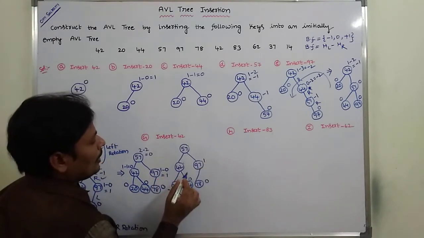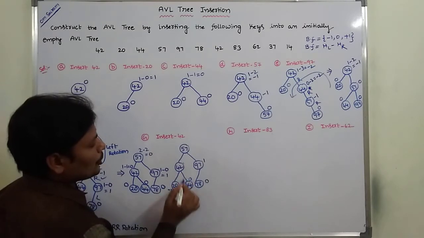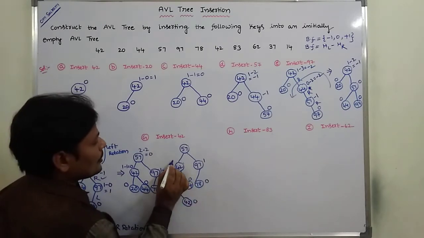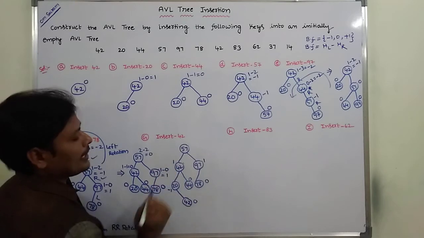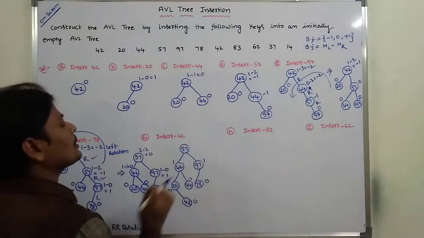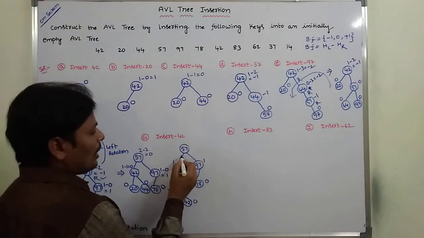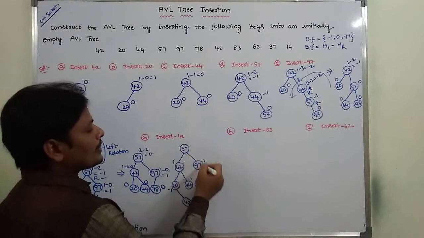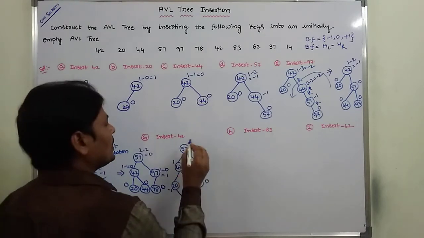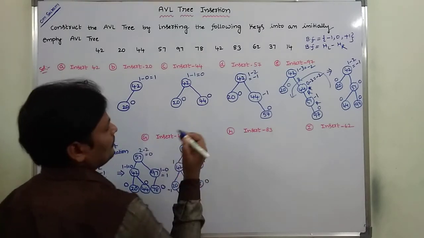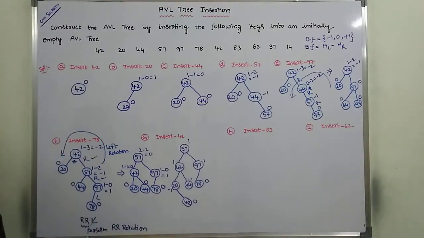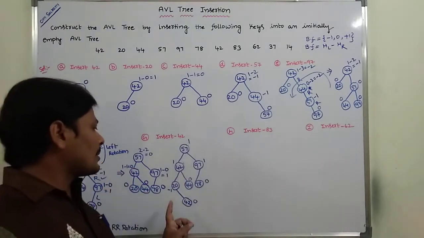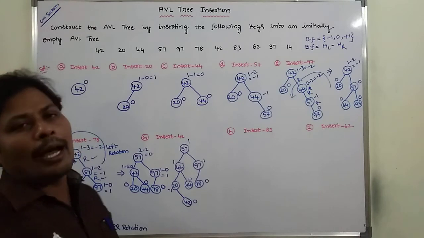For this node left subtree height is 2, right subtree height is 1, so that is 2 minus 1, that is 1. Next for this node left subtree height is 1, 2, 3, but right subtree height is 2, so that is 3 minus 2, 1. Okay, so all the balance factors are 0, -1 and 1.